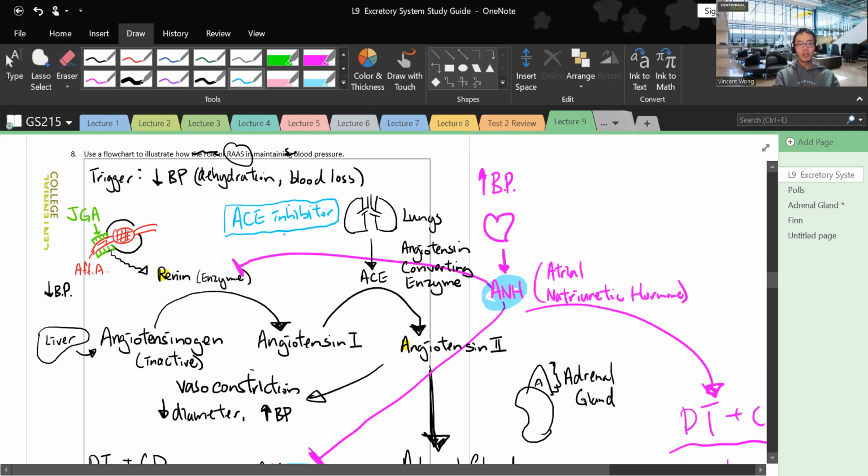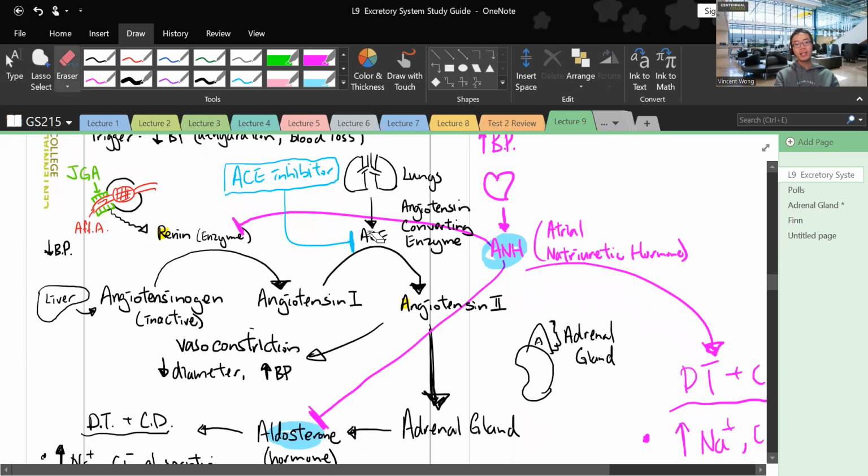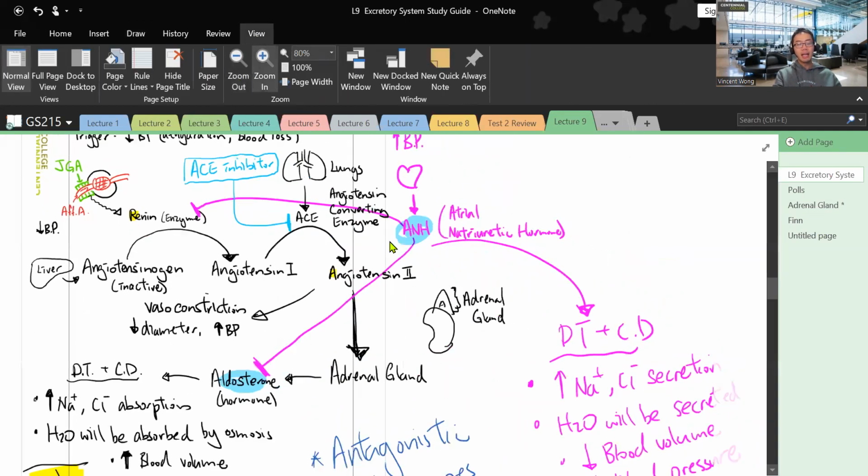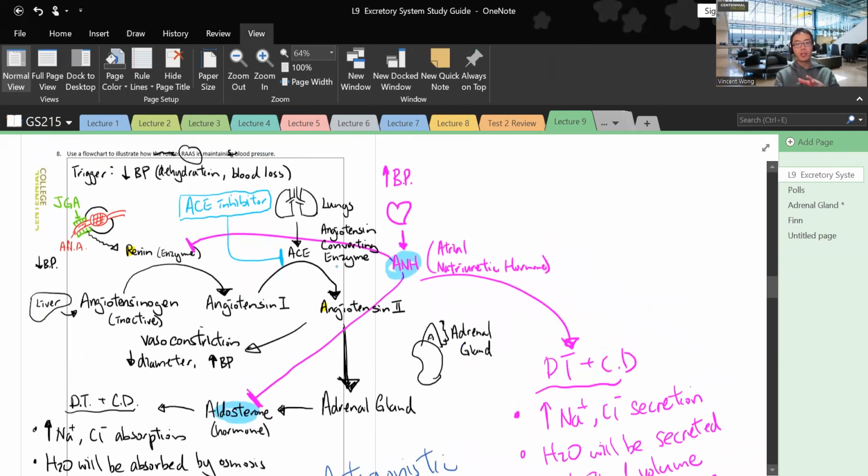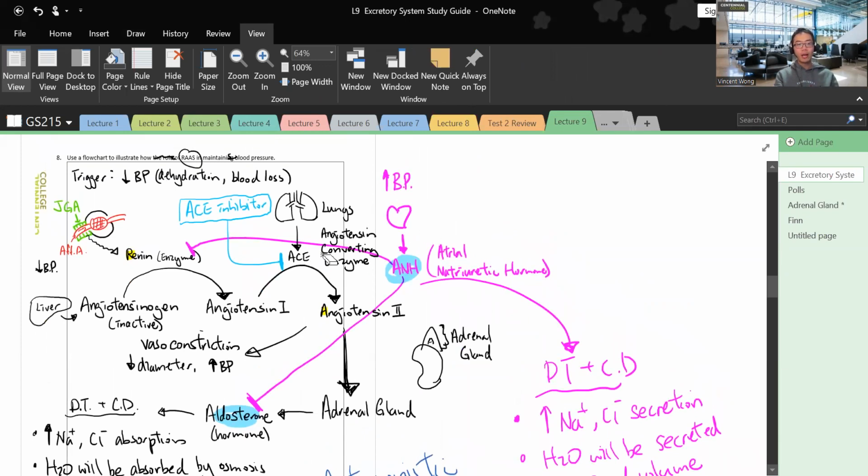The ACE inhibitor, when you take it, will inhibit the ACE. By blocking ACE, you essentially stop the conversion of angiotensin 1 to number 2. So think about it, right? If you experience chronic high blood pressure, your ANH will help you block renin, so low renin.